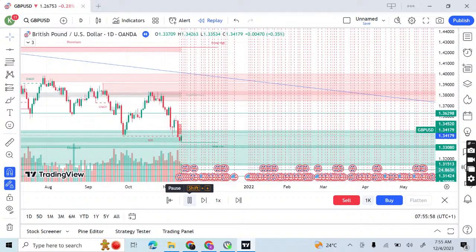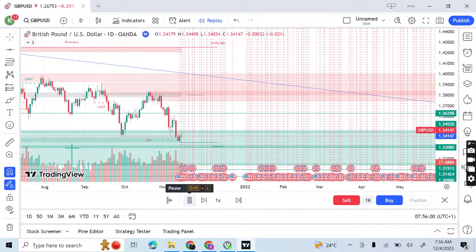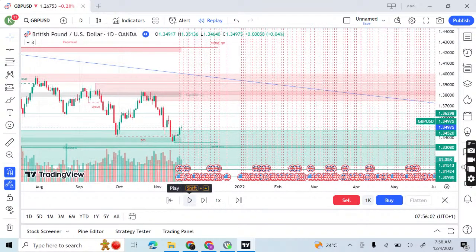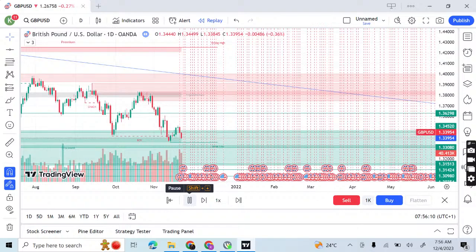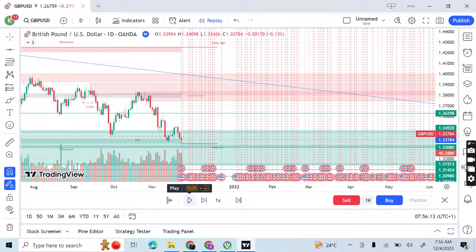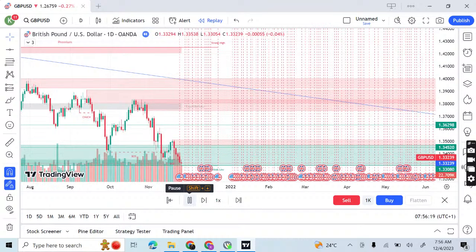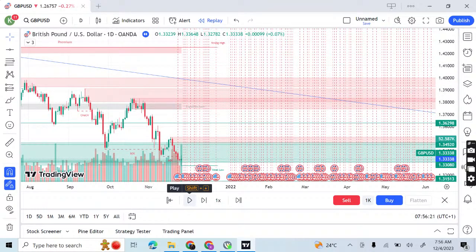So as the candle keeps moving, it's on a weak low. All you need to do is to find out the confluences. Okay, you can see that the people driving the market right now are the sellers, and they have passed the average, so you cannot buy at that level.